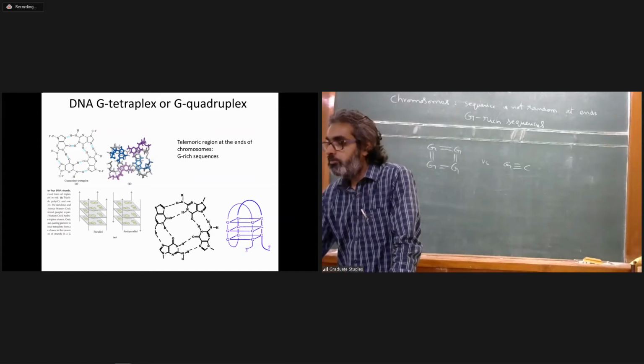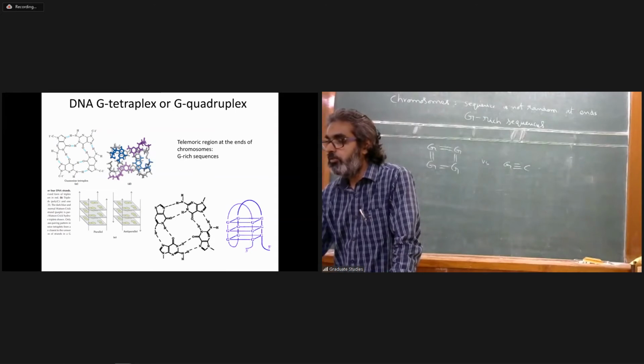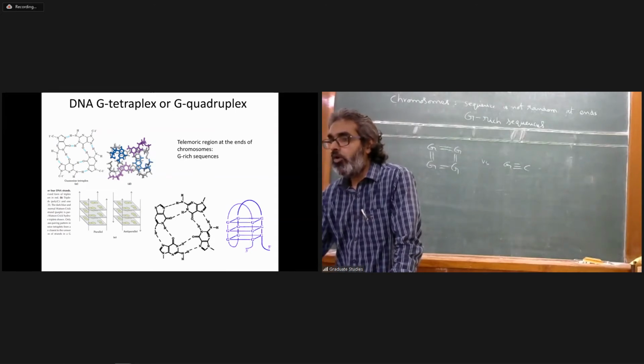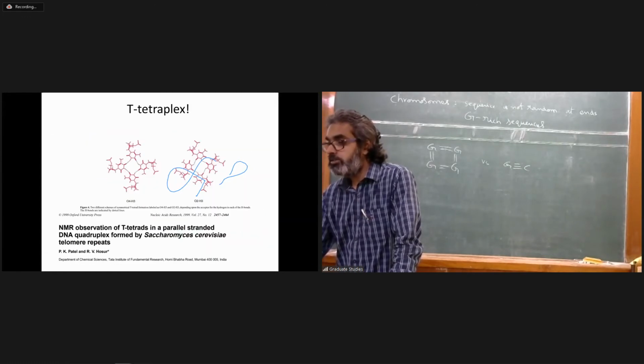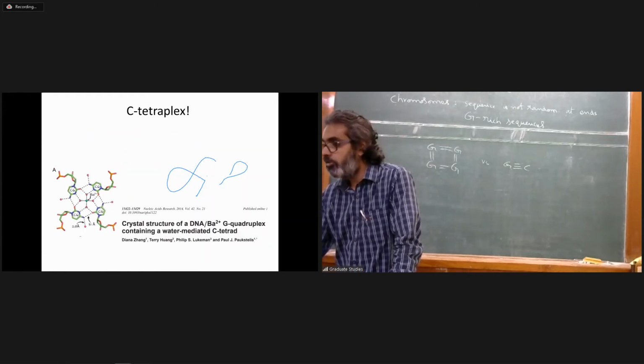Most probably you have a complementary strand which is C rich. But traditionally, for some reason, we found that G rich sequences are there. If you have to have exact complementarity in copying chromosomes with high fidelity from the first base to the last base, then you should have a complementary C strand, and in vitro studies clearly show that C also can form tetraplex.